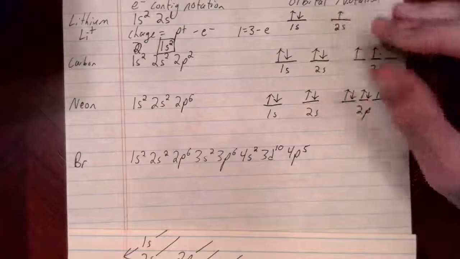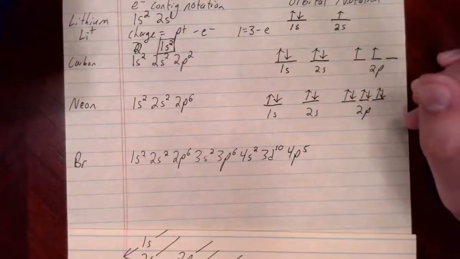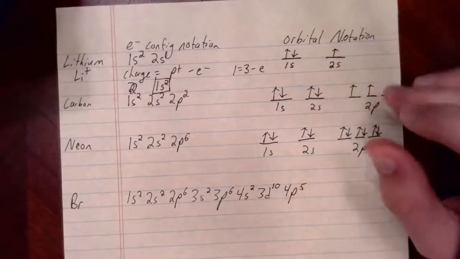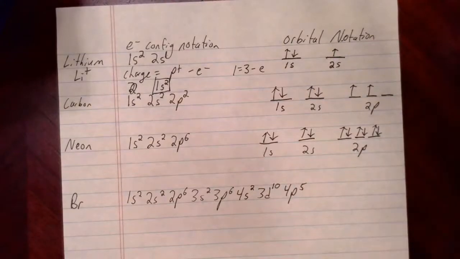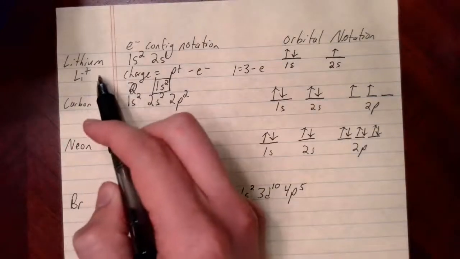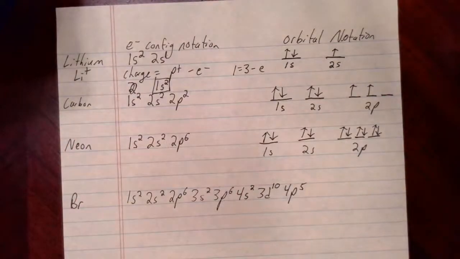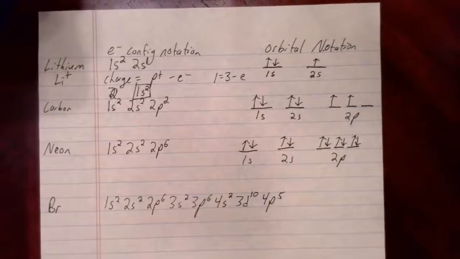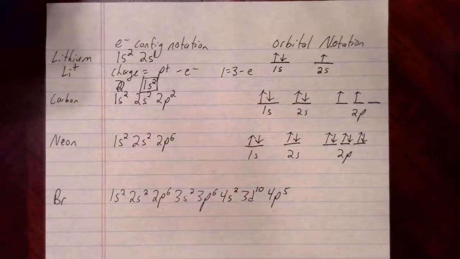So the only difference in writing electron configurations for atoms with a charge is you first have to determine the correct number of electrons they have. So rather than just saying lithium has 3 electrons, you determine it has 2 electrons. Once you determine the correct number of electrons, nothing changes there. Okay. So we'll go ahead and get some practice at writing the electron configurations. Then I'll go back and show you kind of a shortcut we use called the noble gas configuration.